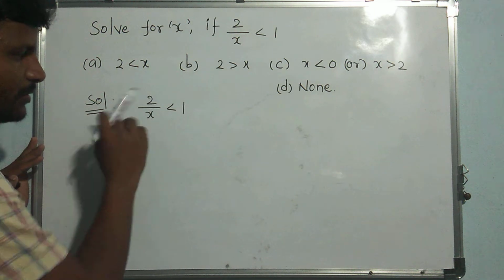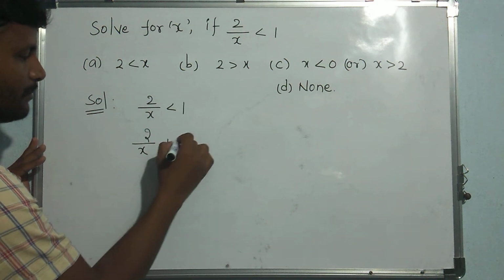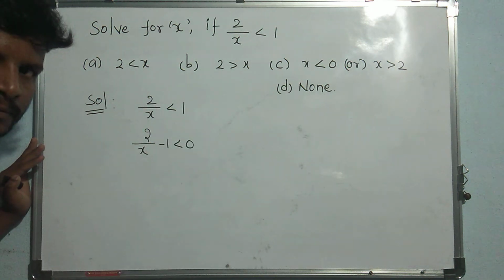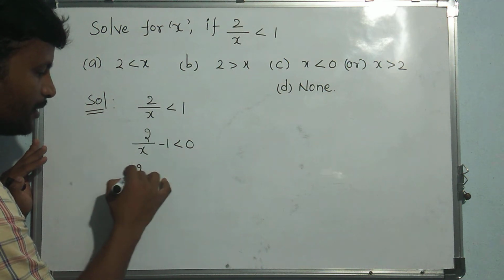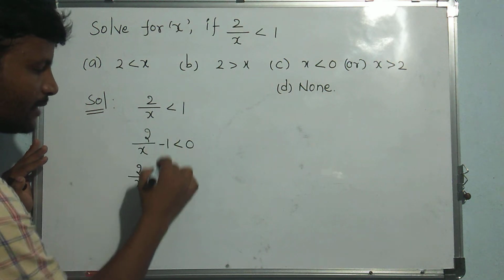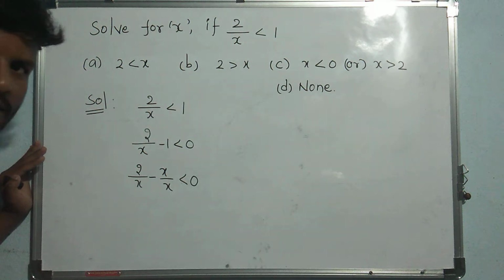You bring 1 to the left side so that you will be getting 2 by x minus 1 less than 0. Here you can take an LCM. If you take the LCM, you can write 2 by x. This 1 can be written as x by x. Is that clear?